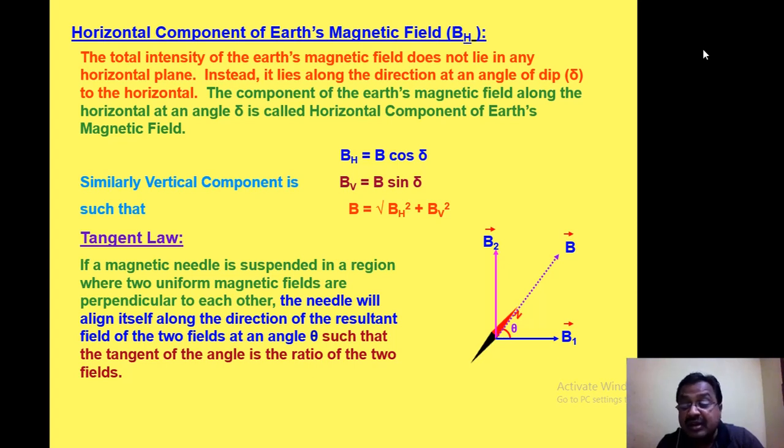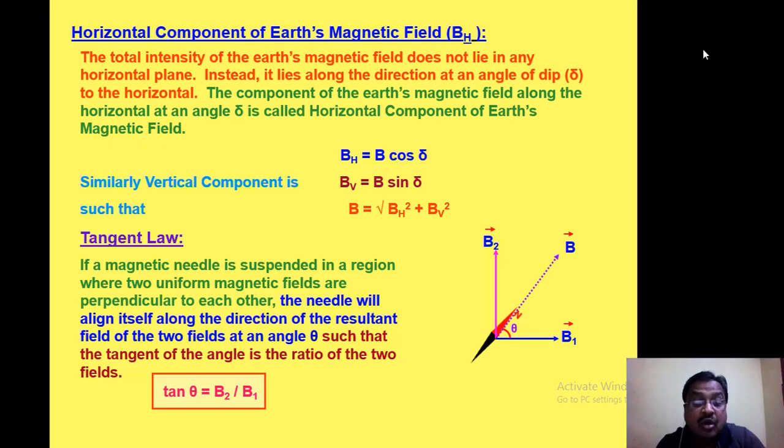You see in the figure how the needle is inclined at an angle theta with B1, and this is B2, such that if it satisfies the condition tan theta equal to B2 by B1, then this magnetic needle will be in equilibrium. This is called the tangent law.